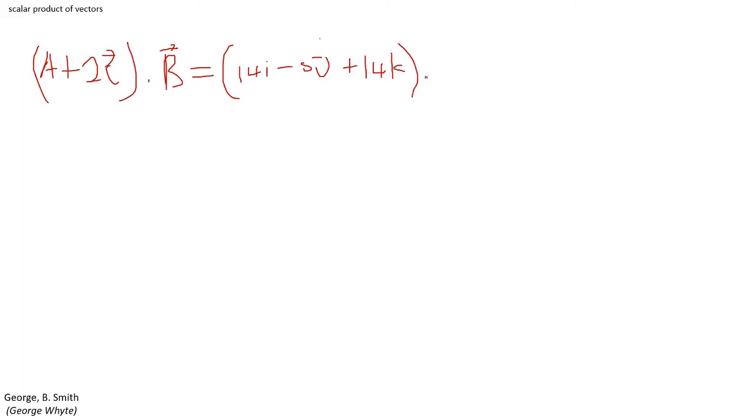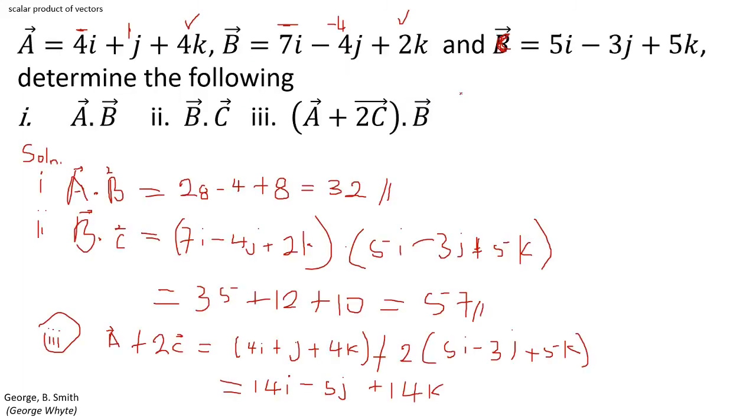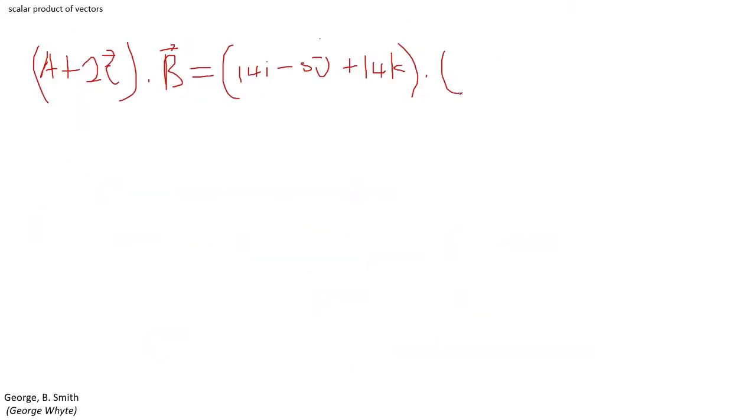Then we are looking at the dot product of this and B, and what's B? B we have is 7i minus 4j plus 2k. If we multiply them component wise, remember that's what dot product does.